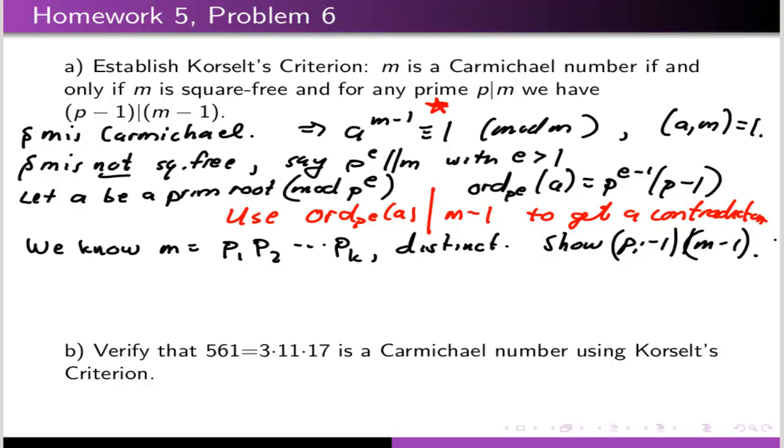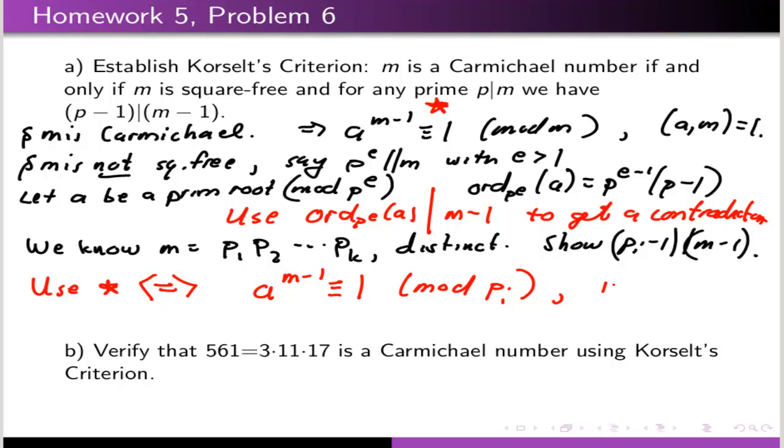Well, this starred congruence, just use the fact that star is equivalent to saying that a to the m minus 1 is congruent to 1 mod each of the prime factors of m. So that's just the Chinese remainder theorem. Being congruent mod m is equivalent to being congruent mod each of the prime factors.